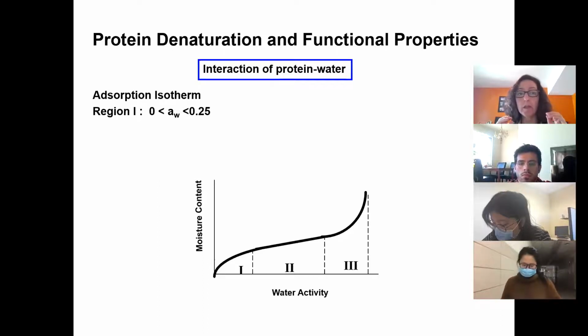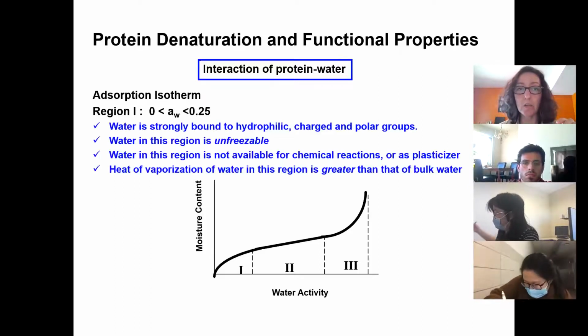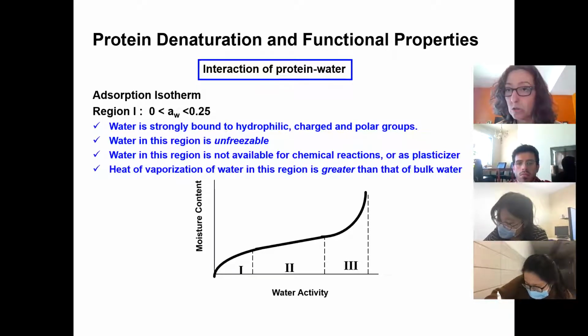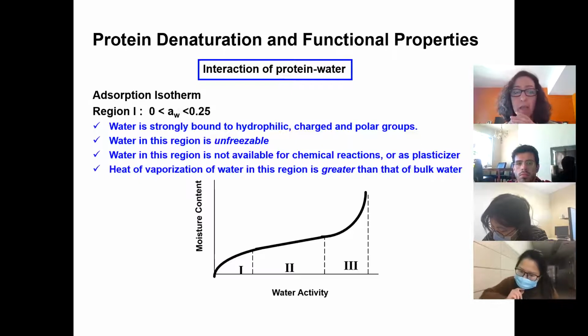Water activity between 0 and 0.25 is the monolayer and lower, usually. In that region, the water is strongly bound to the protein via dipole-dipole interaction and hydrogen bonding. So it's bound to the charged and polar groups very, very strongly.